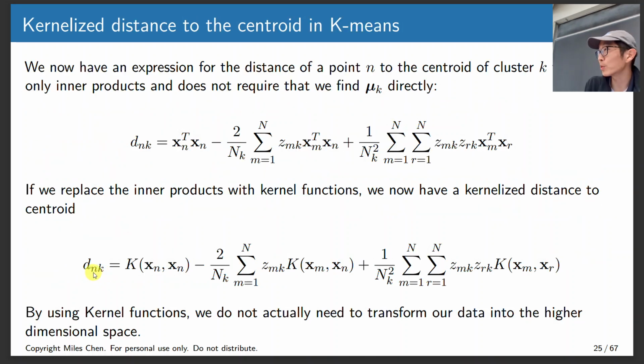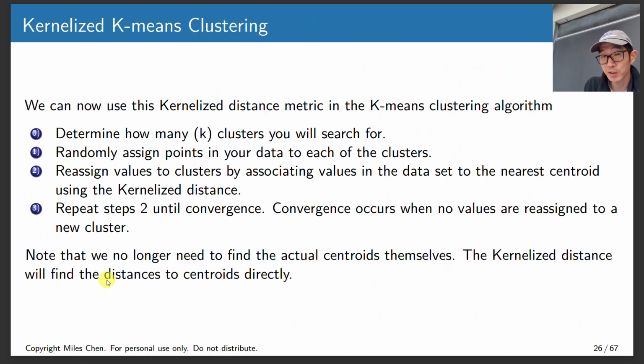So we go to point 1 and we say, find the distance to the centroid of cluster 1, centroid of cluster 2, centroid of cluster 3. And then once we find those distances, we reassign the points. Here's the weird thing.